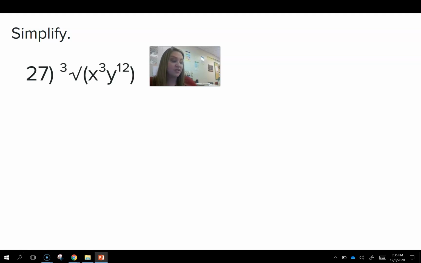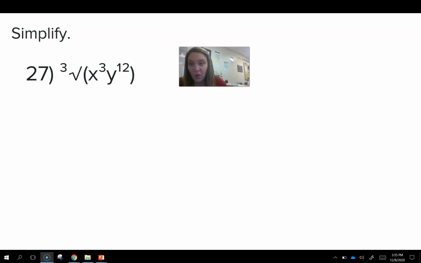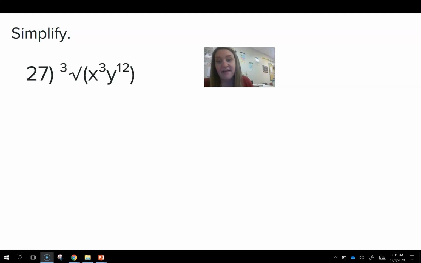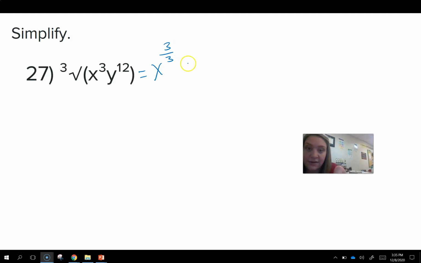So here, 27, we have the cube root of x to the power of 3 and y to the power of 12. That's the same thing as putting the power of 3 over the root of 3 and the power of 12 over the root of 3.